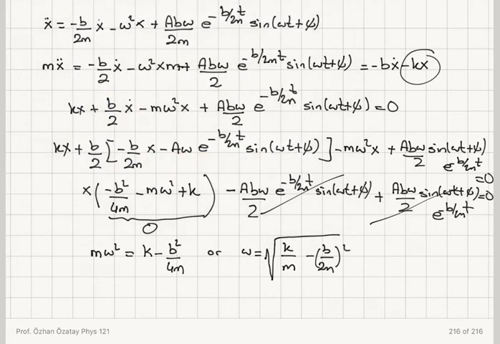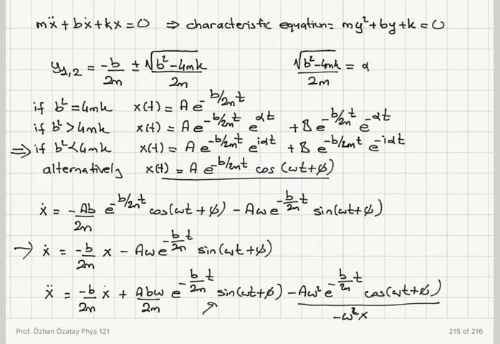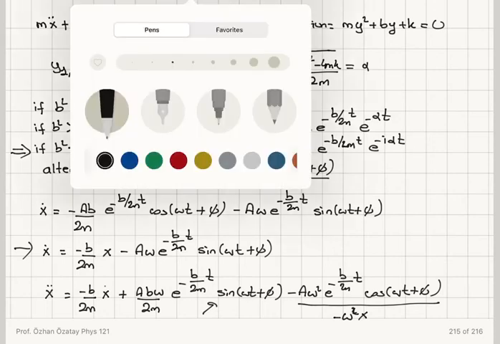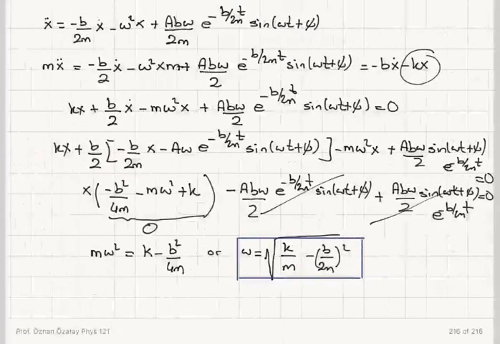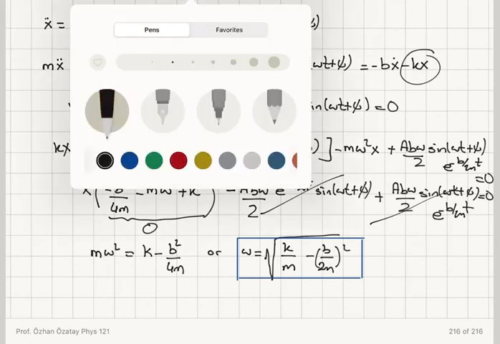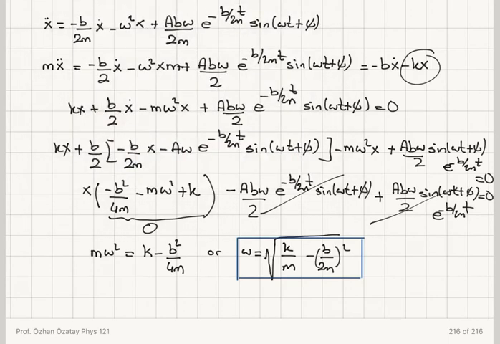So if the angular frequency of the oscillations is given by this expression, then my solution a e to the minus b over 2m t cosine omega t plus phi applies. And as you can see here, if b were 0, then omega would be equal to omega 0, which is square root k over m.